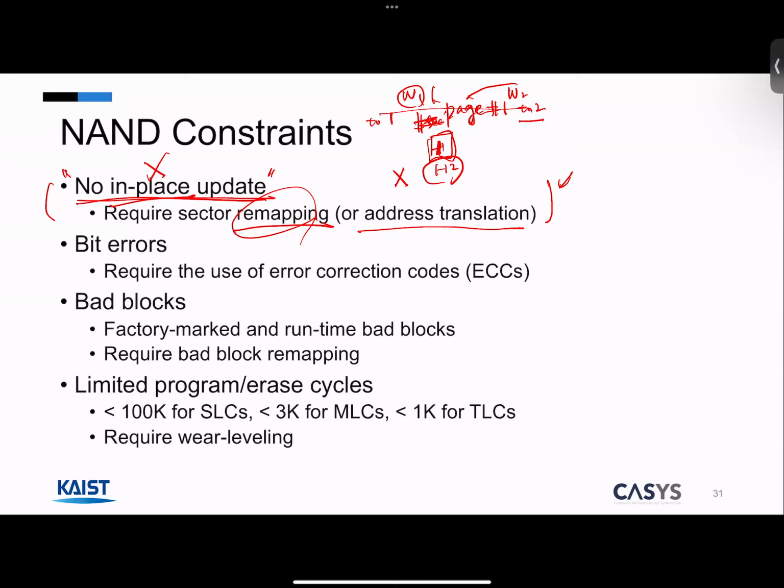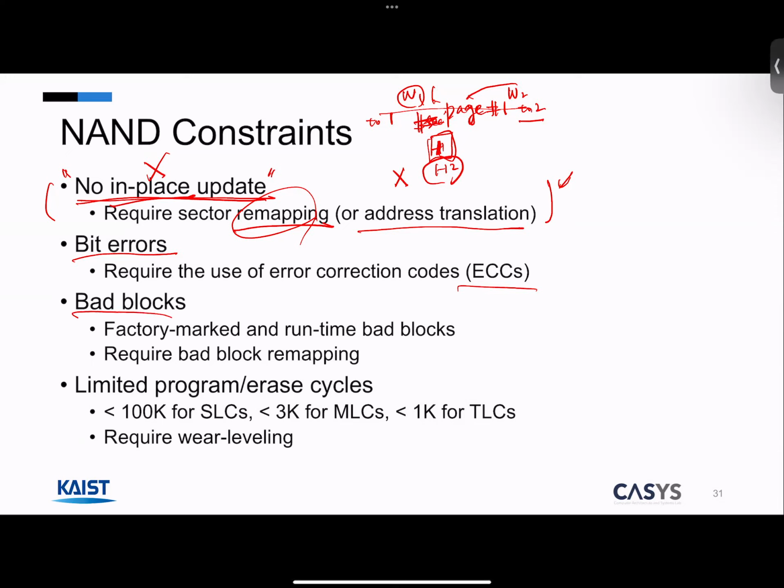And then SSD sometimes has errors. Depending on SLC, MLC, and TLC, the error ratios are different. Sometimes when writing data, the data cannot be correctly stored. Therefore, ECC, error correction code, is common in SSD implementations. Again, sometimes bad blocks happen.